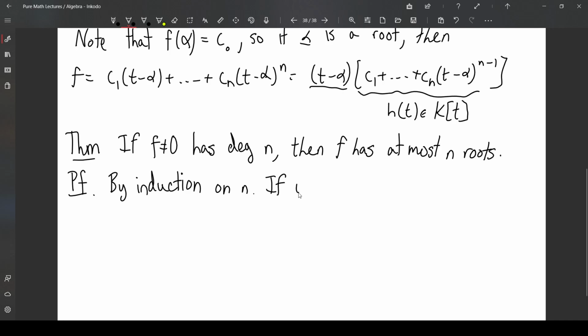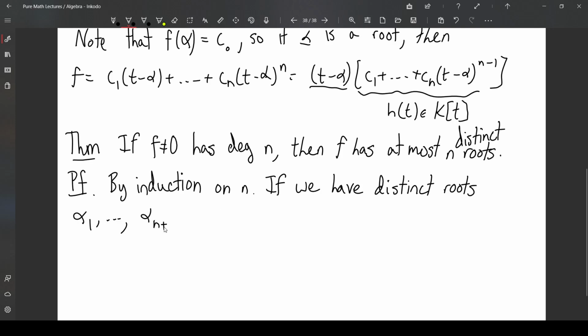So if we have roots, distinct roots, so I should say at most n distinct roots here. Suppose we have distinct roots alpha 1 through alpha n plus 1, so I have more than n roots here.